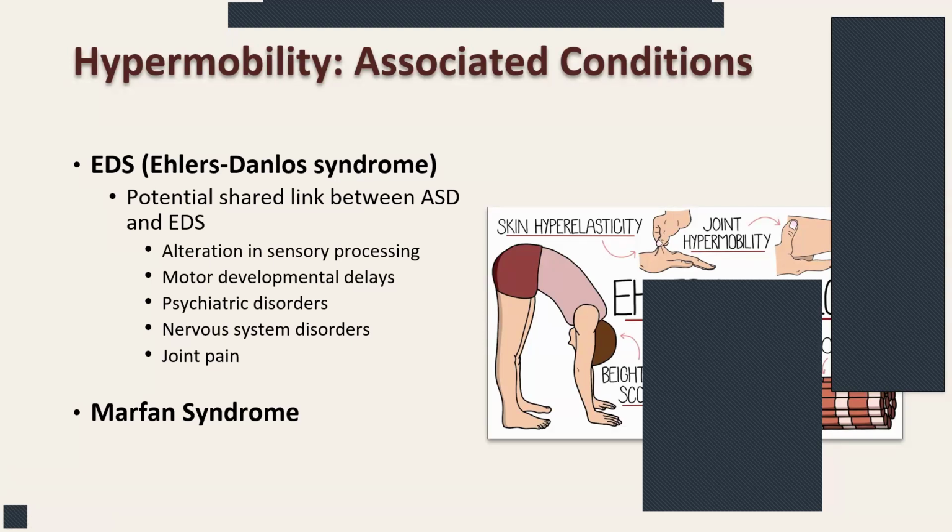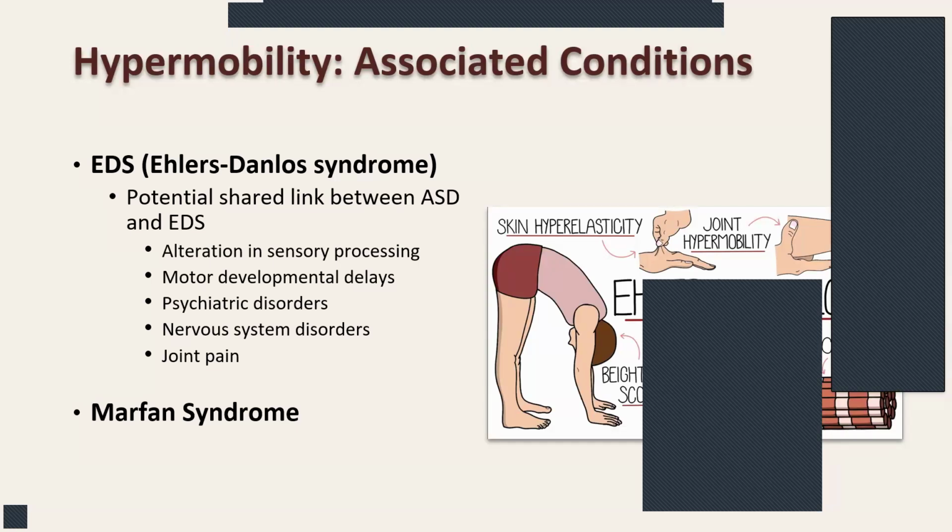And then since I mentioned Marfan syndrome, I just want to briefly talk about that some. There isn't a direct relationship between autism and Marfan syndrome, but it appears that there are cases sometimes where someone with Marfan syndrome is accidentally misdiagnosed as having autism, only to be later determined to be Marfan syndrome because they do share some characteristics.